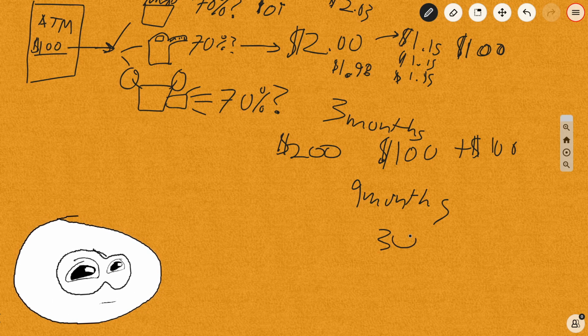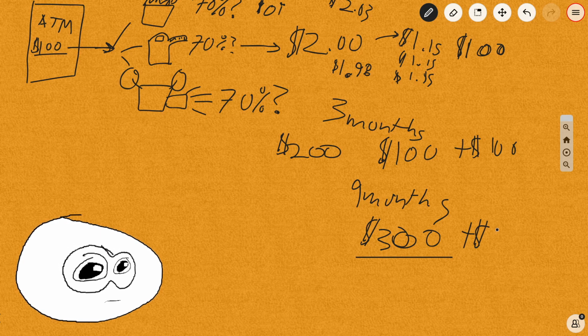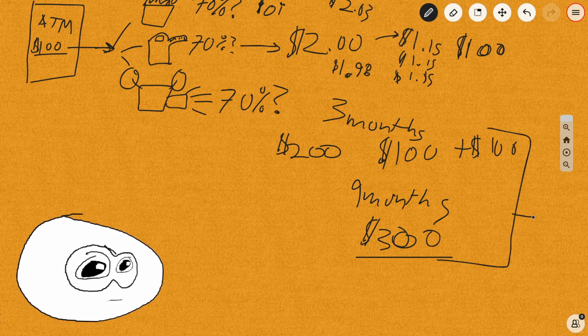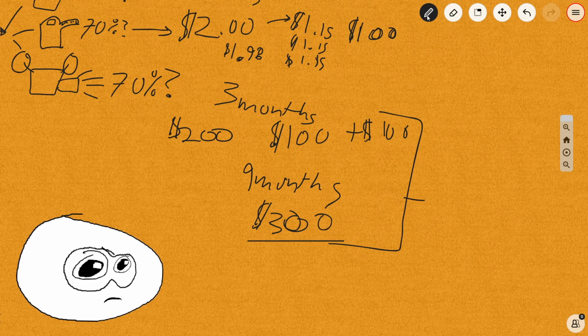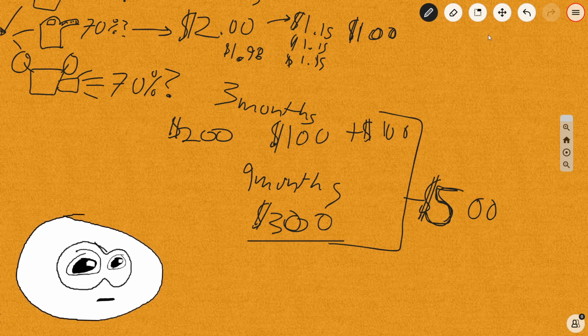that'd be what, 300? You'll spend another 300 on gas, plus the 100 annual membership from before. So let me just erase that. And this would total into maybe $500 a year on gas.